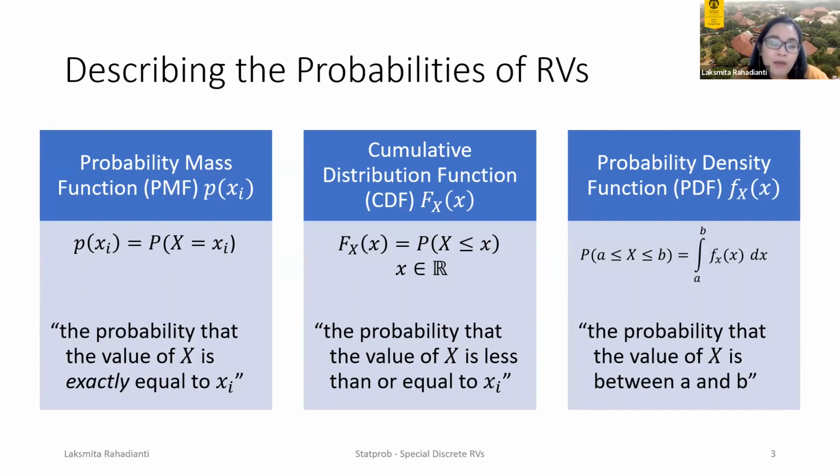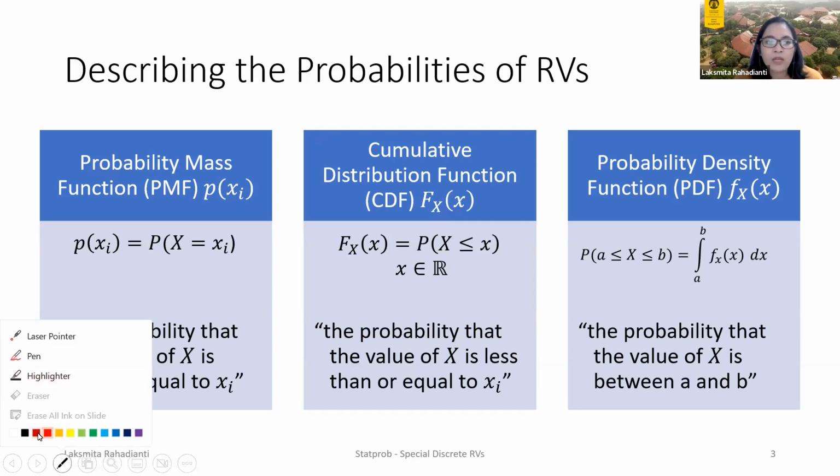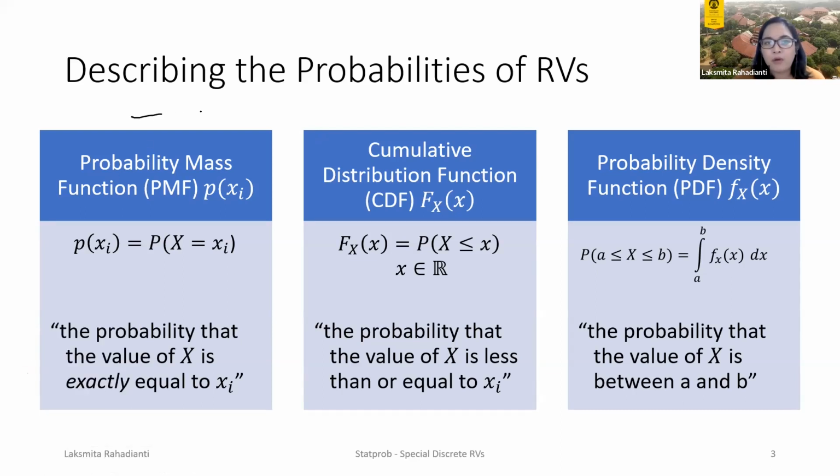And we have three functions that we can use to describe them: the PMF, the CDF, and the PDF. So the first one is, what's the probability of my random variable being exactly that value? We can write it with a small p.